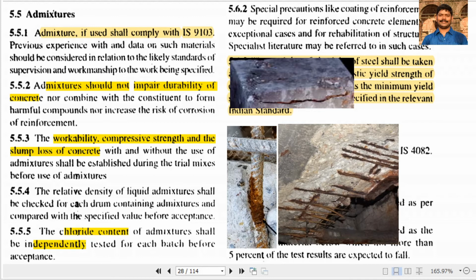If the volume of the cement paste increases, there will be tensile stress and the concrete will fail. There will be cracks in the concrete.